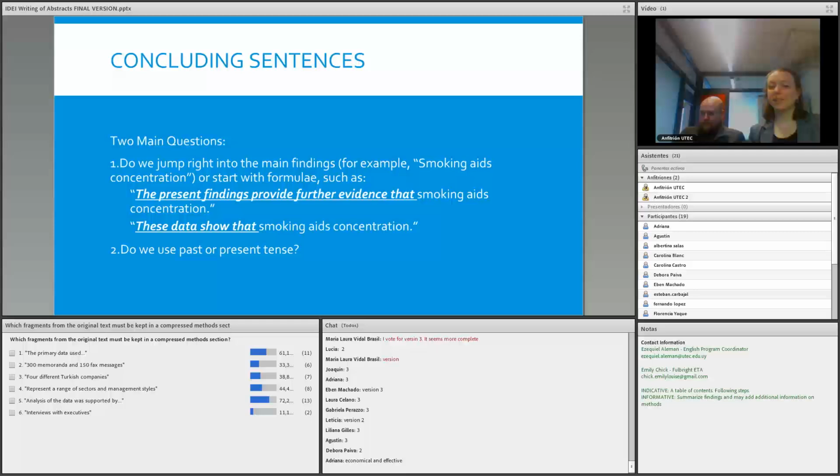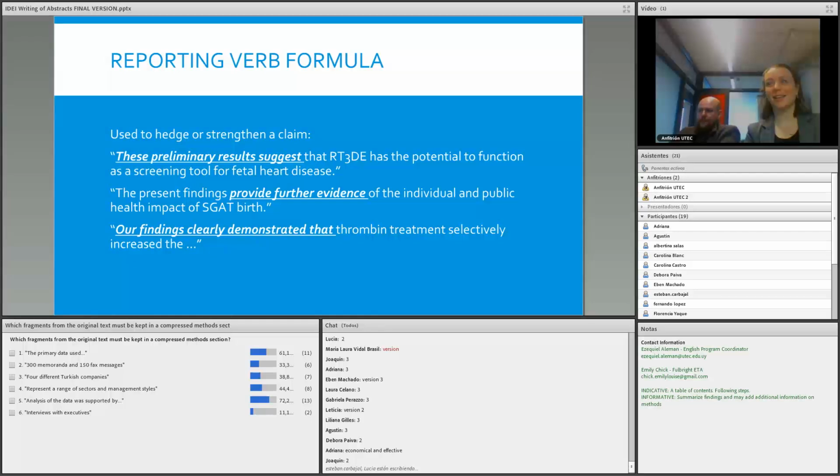So if we look more closely at the first question, with reporting verbs, usually these are best used if you're using it to either strengthen your statement or admit there's some uncertainty left. So if you're hedging your statement, maybe you say these preliminary results suggest.